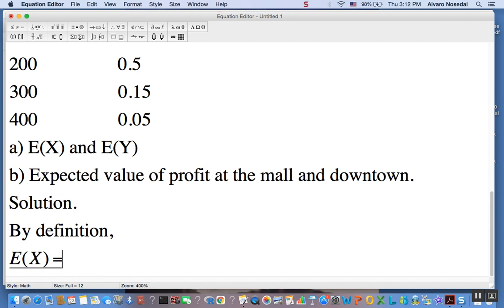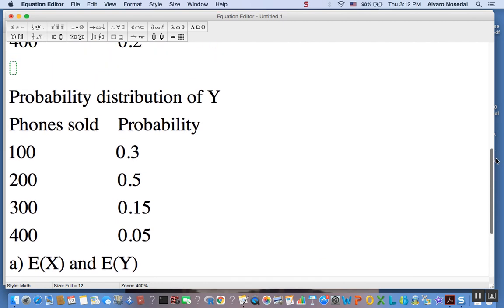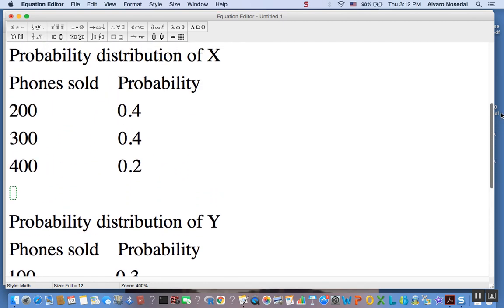Remember that it's going to be the sum of the following product: possible value times its corresponding probability, right? So in this case, let's go back to the probability distribution of x.